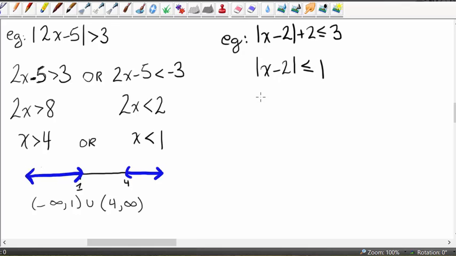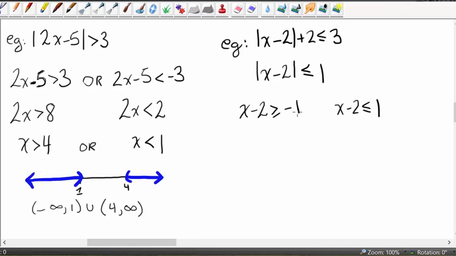Since the absolute value of x minus 2 is less than or equal to 1, we know that the argument of the absolute value, x minus 2, has to be both less than or equal to 1 and greater than or equal to negative 1. So we solve each of those inequalities and we see that x is greater than or equal to 1, adding 2 on both sides, and x is also less than or equal to 3.